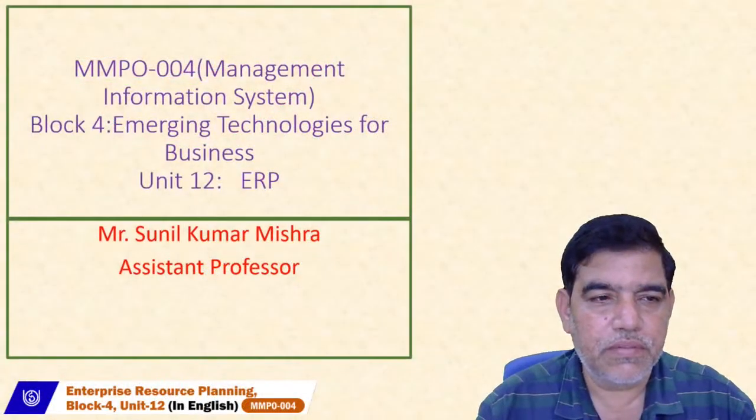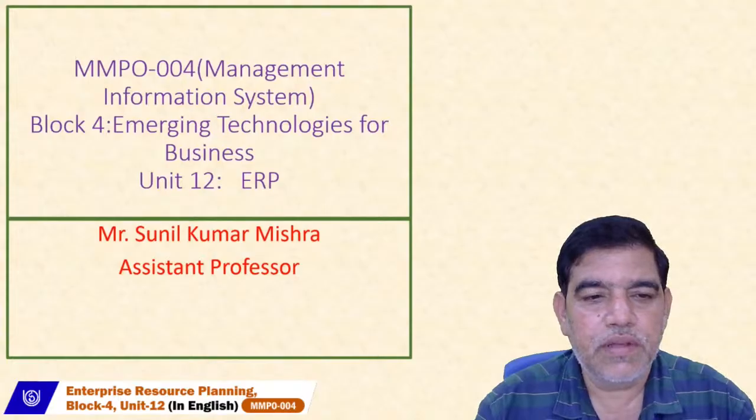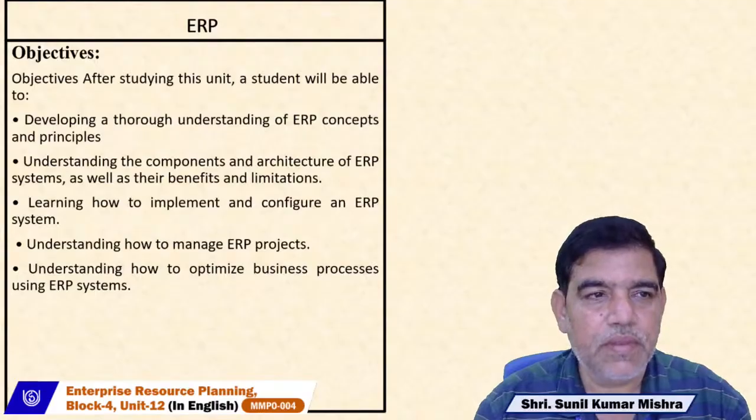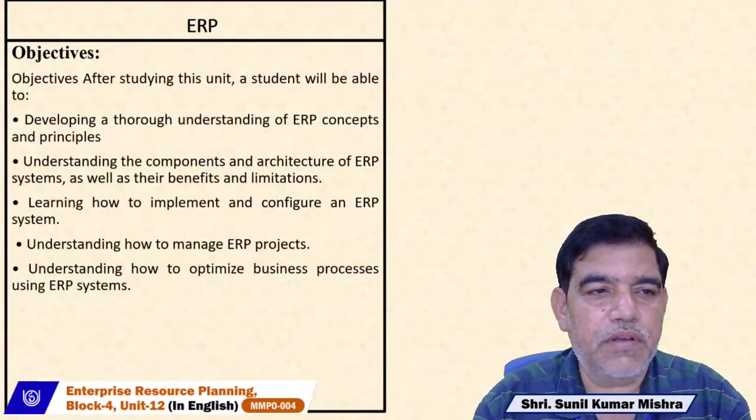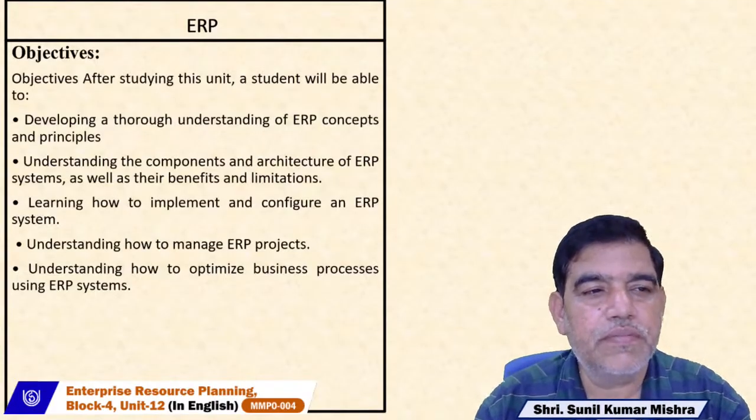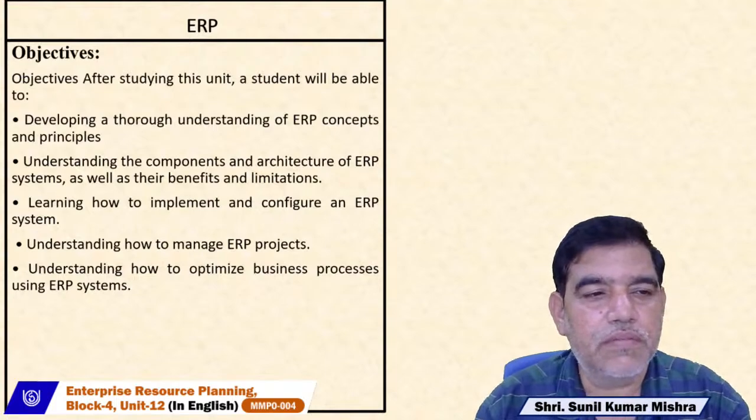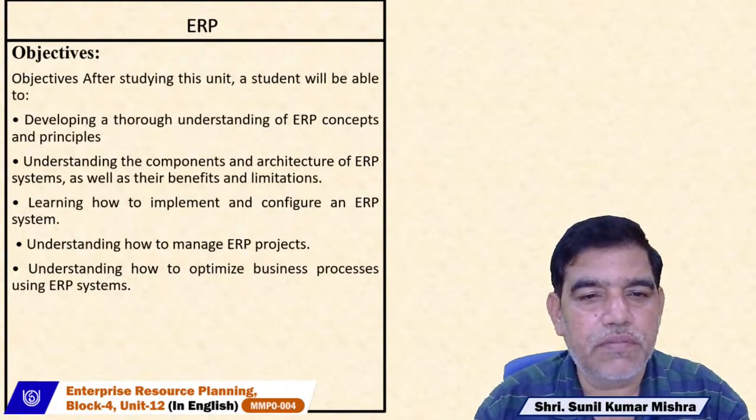A very good afternoon. So today we discuss unit 12. The concept is ERP. The main objective of this unit is that a student can learn how to develop the ERP and understand the concept and principles, and what the components of ERP are, what the benefits and limitations of ERP are.